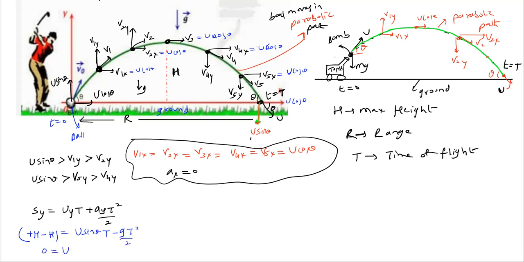So this is equal to u sine theta t minus g t square by 2. So what is the time of flight? 2u sine theta by g. This is the expression for time of flight.